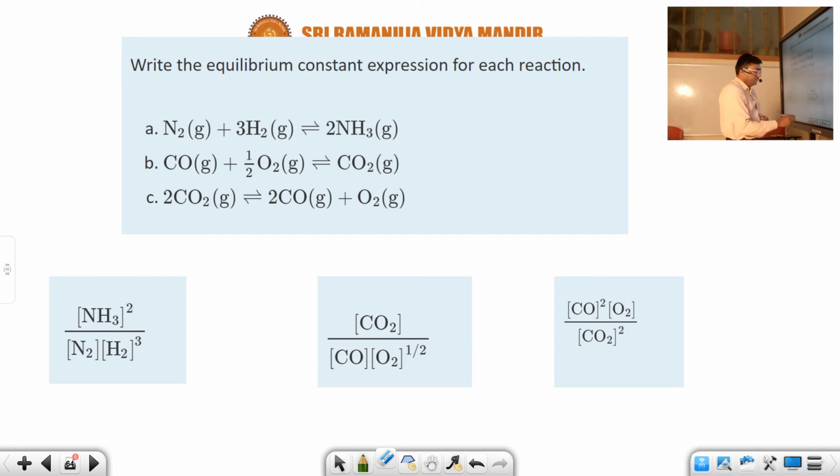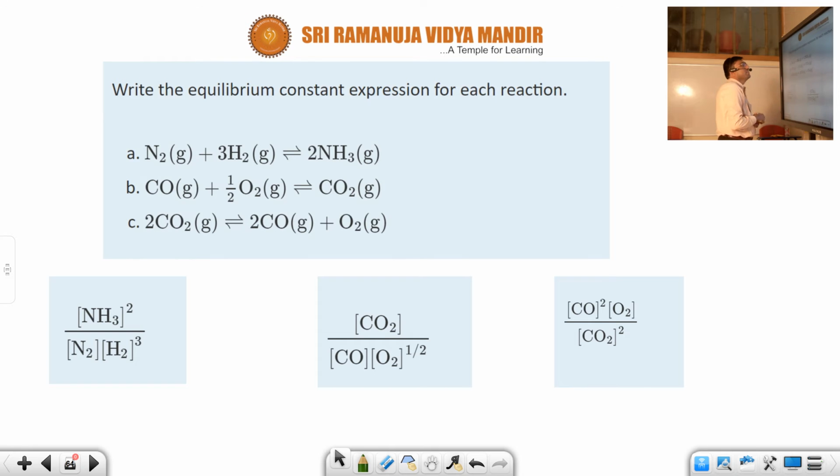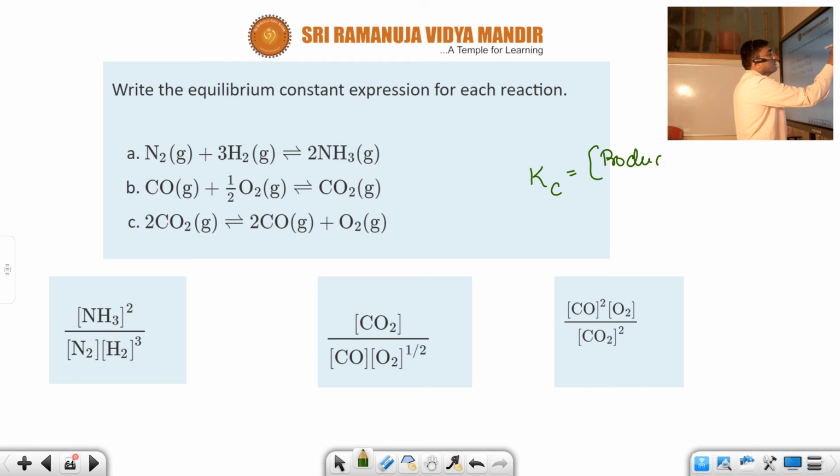Now, students, let us make an attempt to understand and write the equilibrium constant expression. Students, you know very well, Kc is equal to the concentration of products by the concentration of reactants.